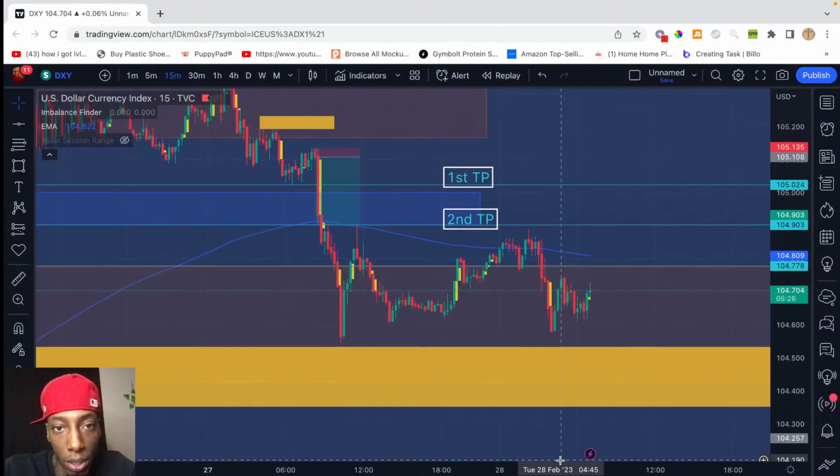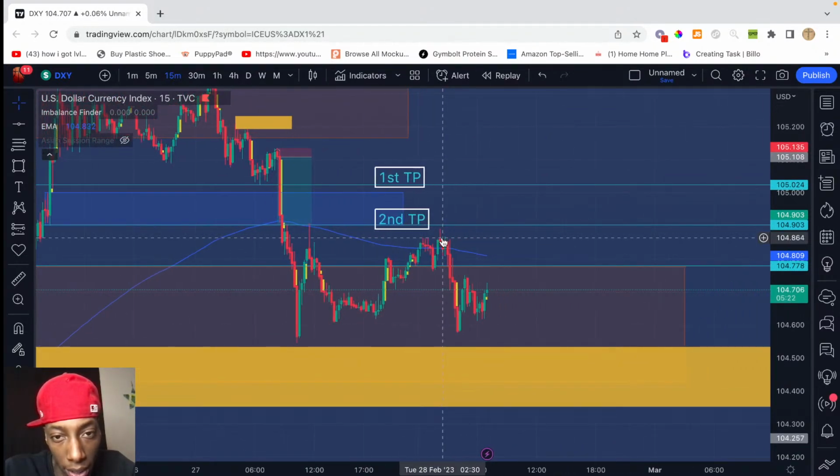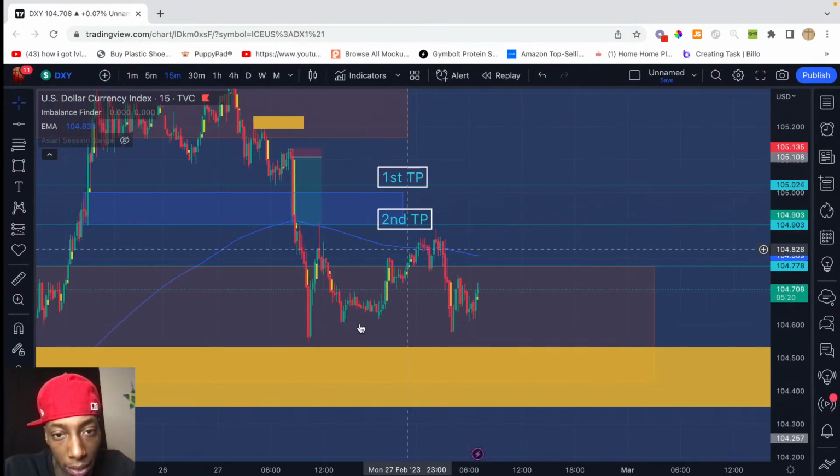Looks like it's dropping towards this 50% on the DXY right now. Kind of a double bottom.